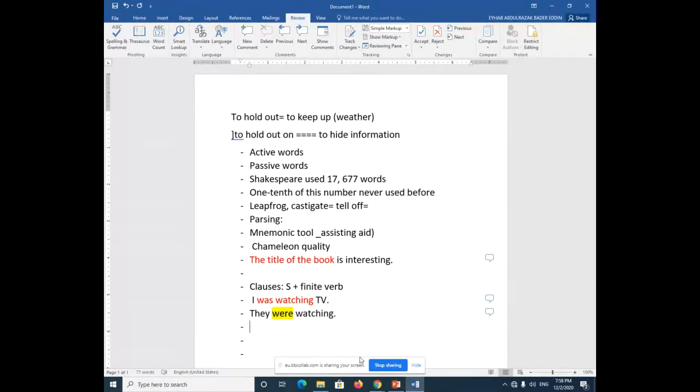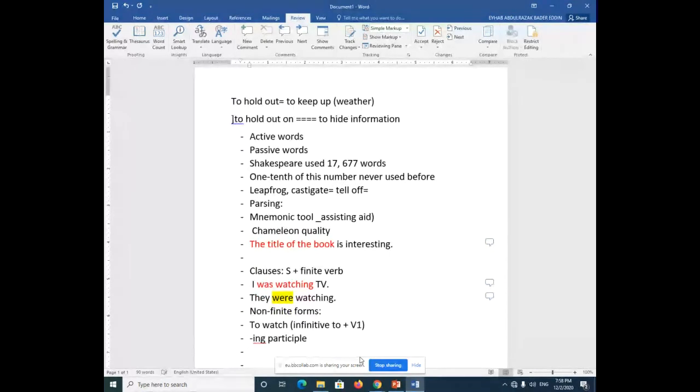And it's important also to mention that non-finite forms are one of the following. To watch, so it is the infinitive: to plus verb 1. Or the ing participle, as watching, as you saw here, watching or playing or whatever.